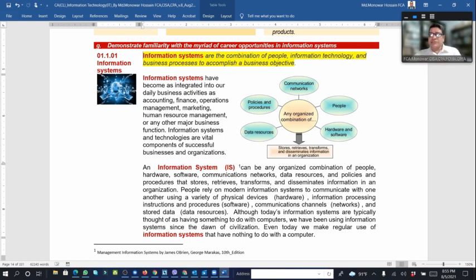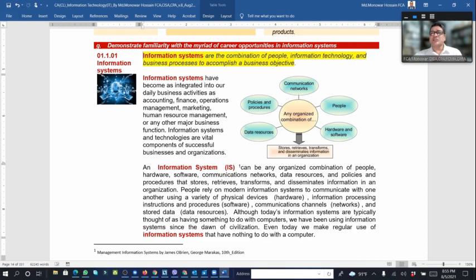So here is the basic definition. To achieve the business goal, mission, and vision, we have to align the information system within the operation of the business. Information systems have become an integral part of our daily business activity. For example, accounting, finance, operations, management, marketing, everything is included in the information system.